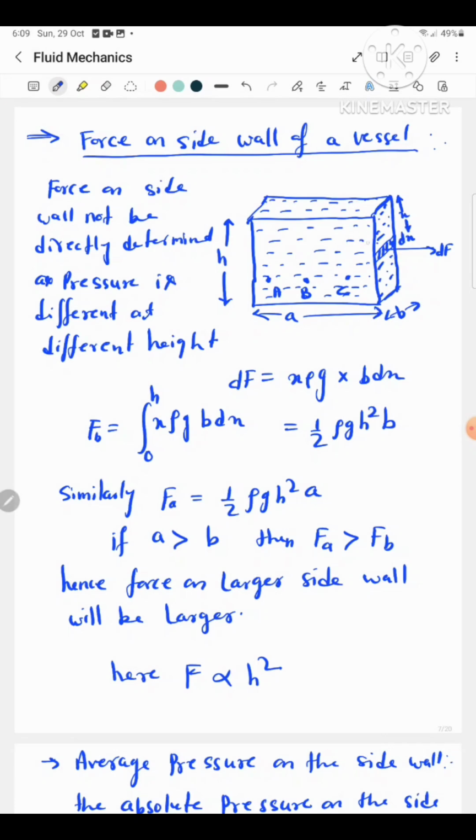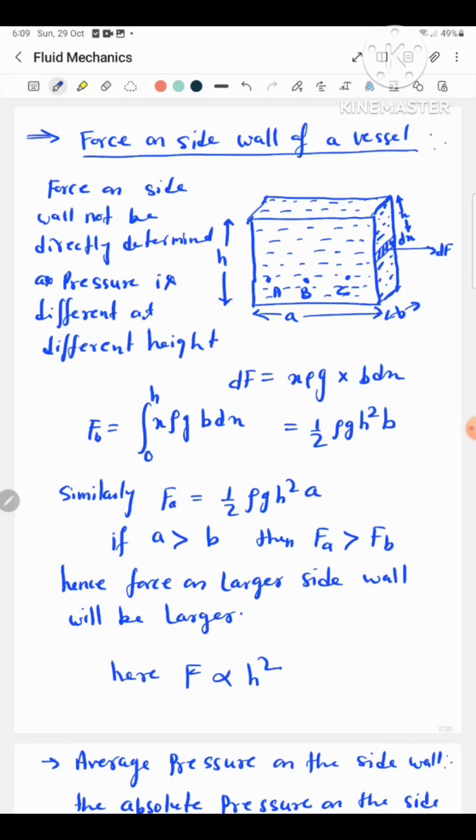So pressure is different, hence we can calculate the total force by the integration method. Suppose we take a small strip at a distance x from the surface of the liquid. dx is the width of the strip.